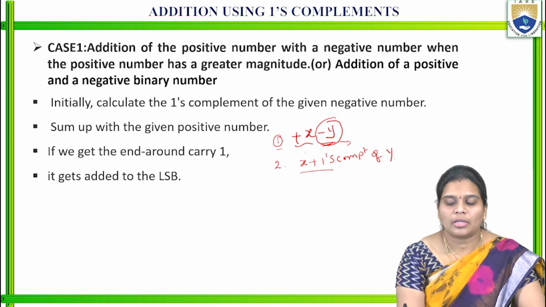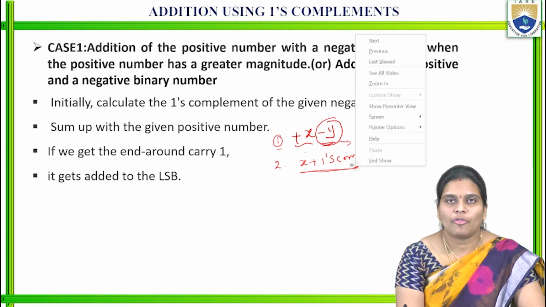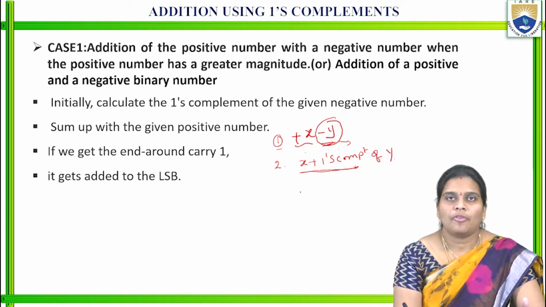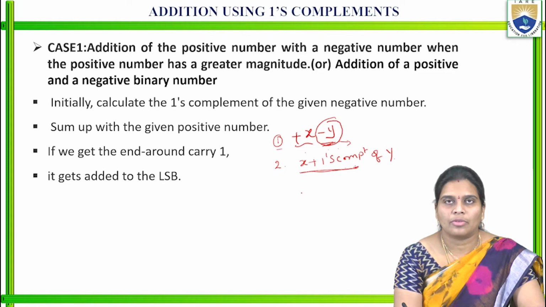So after adding of this x plus ones complement of y, if we are not getting any carry, then we apply the ones complement of that resultant value. So that is the final value we are getting, the minus of that value. So if you are getting the carry, that carry will be added to the LSB bit. So that carry is denoted as the end around carry.